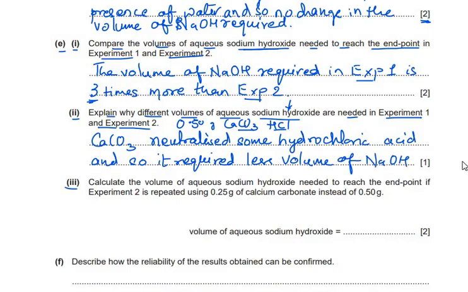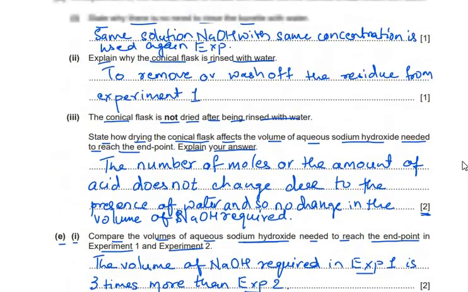Okay, next part says calculate the volume of aqueous sodium hydroxide needed to reach the end point if experiment 2 is repeated with 0.25 gram of calcium carbonate instead of 0.6. Now if we make the calcium carbonate half, then obviously the acid required will be double.